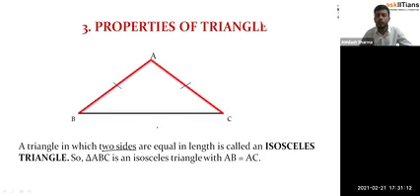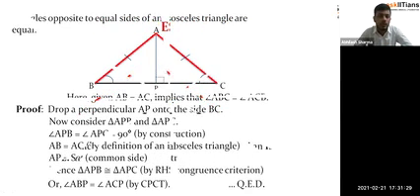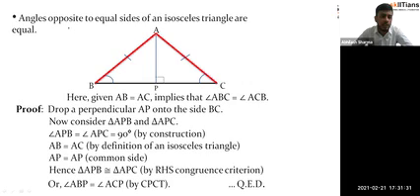Now we will prove the property that if there is a triangle which is isosceles, then the opposite angles will be equal. Then we will also prove another property that if opposite angles are equal, then it will be an isosceles triangle. So let us have a look at the proof. Here we have the property: angles opposite to equal sides of an isosceles triangle are equal. We are given that AB equals AC.